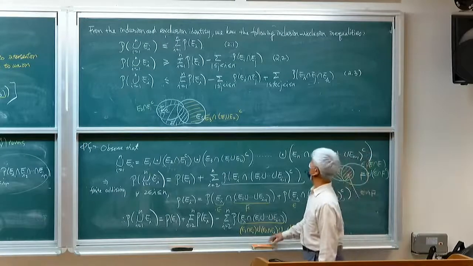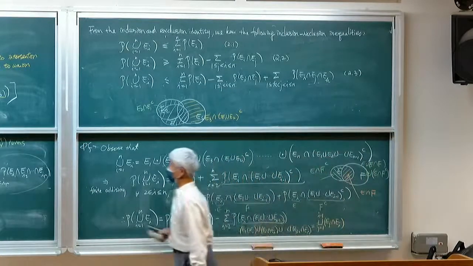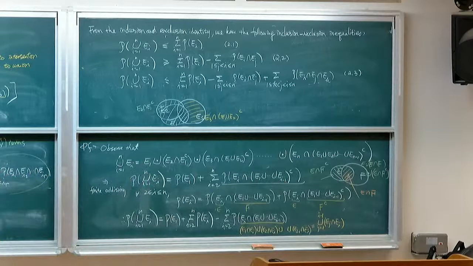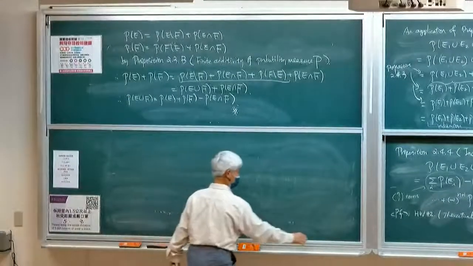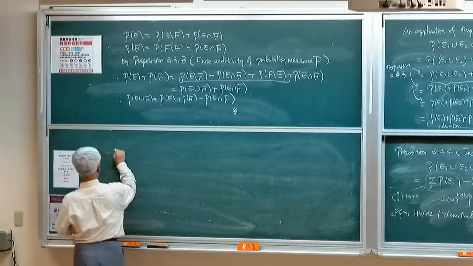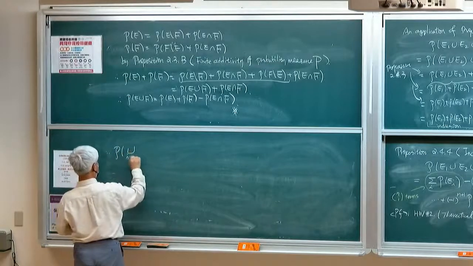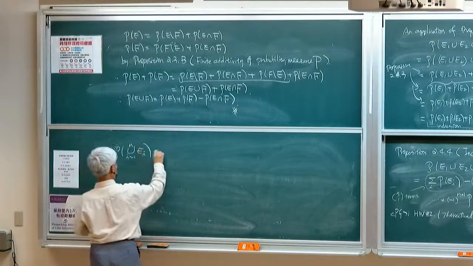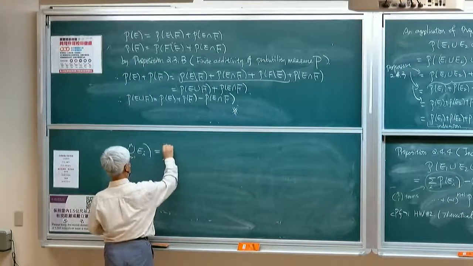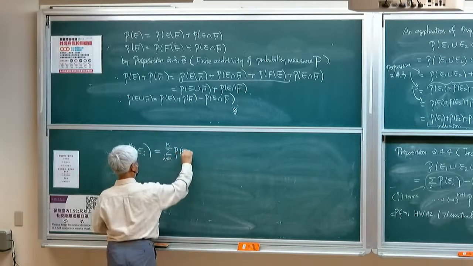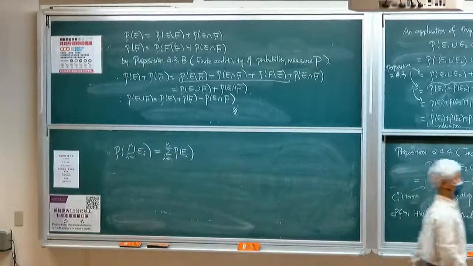All right? So the final term: the probability of the union i from 1 to n of Ei is equal to summation of probability of Ei. So we put them together.